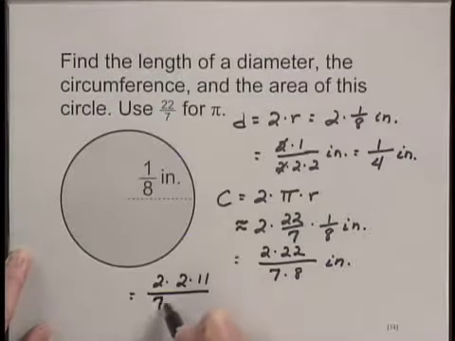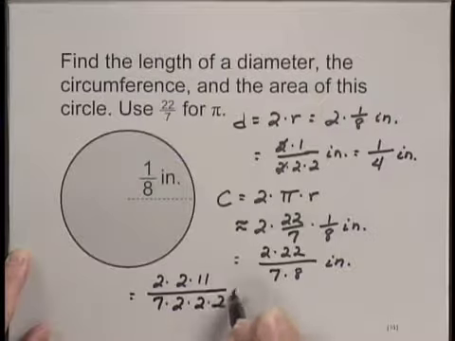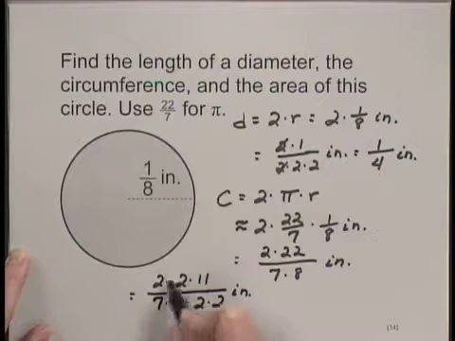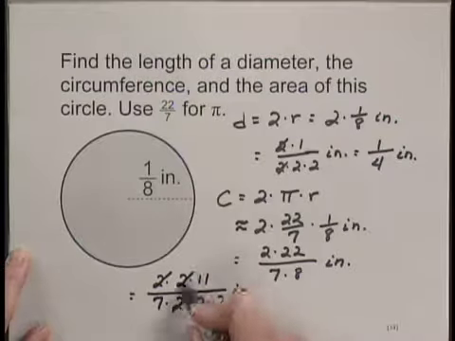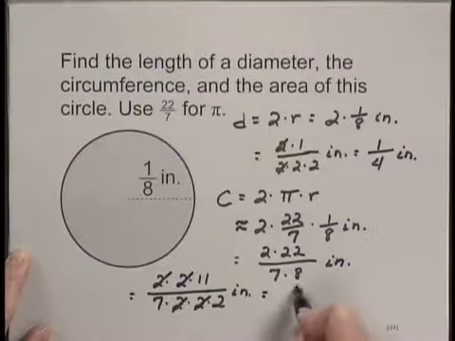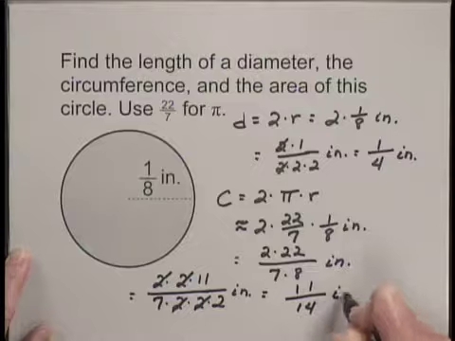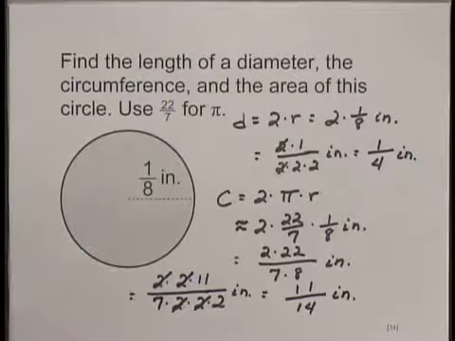I can write 8 as 2 times 2 times 2. And I've got a factor of 2 common to the numerator and the denominator, and I have another factor of 2 common to each. And that's all the simplifying I can do. So in the numerator, I'm left with 11. And in the denominator, I have 7 times 2, or 14. So the circumference of the circle is 11 over 14 inches.